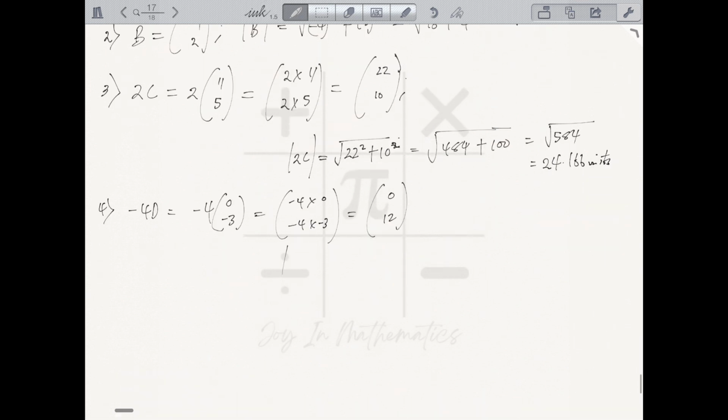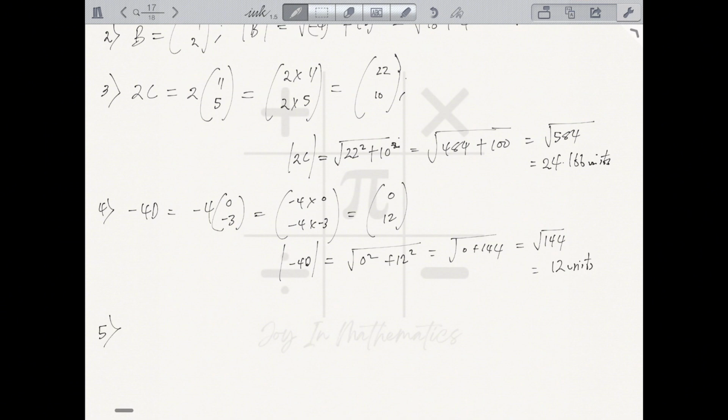Therefore, the magnitude of -4d as a vector is equal to the square root of x squared plus y squared. The x in this case is 0, and the y in this case is 12. So this will result in 0 plus 144, and the square root of 144 is equal to 12 units.